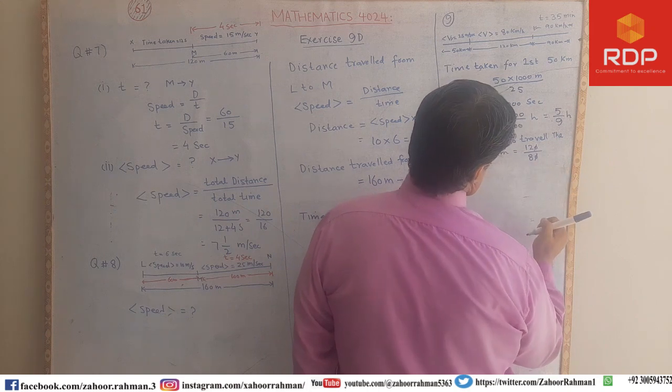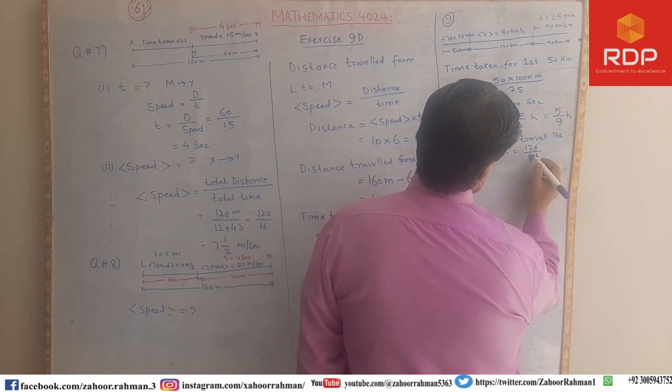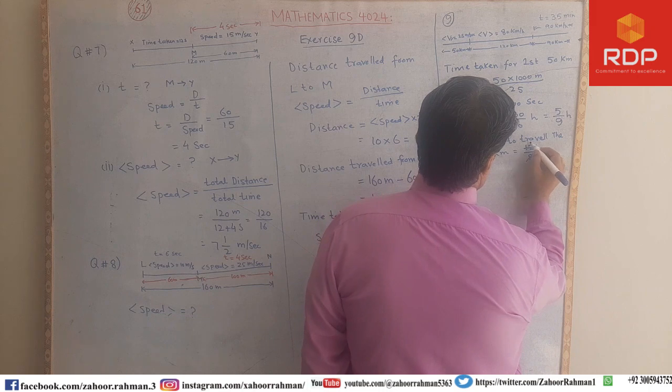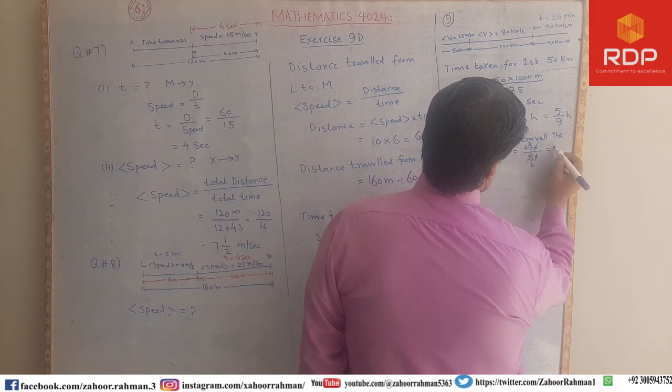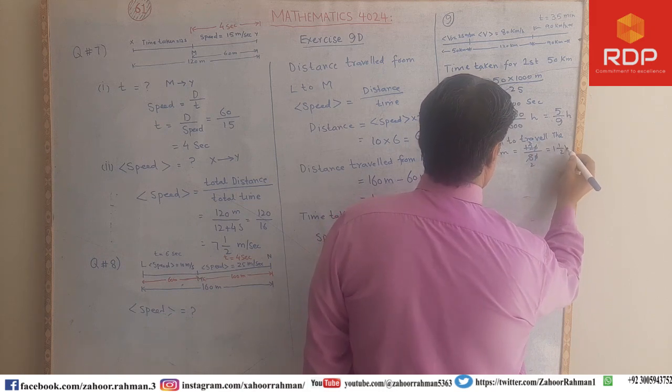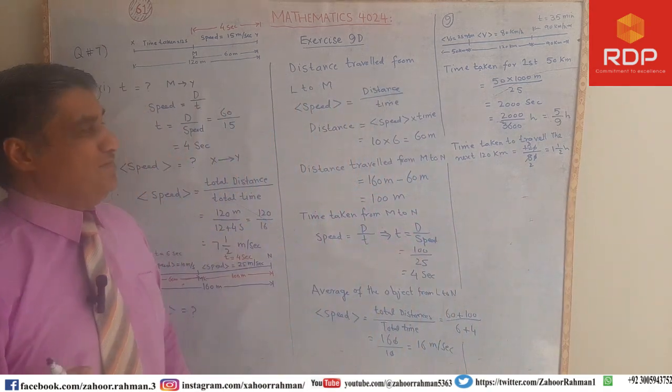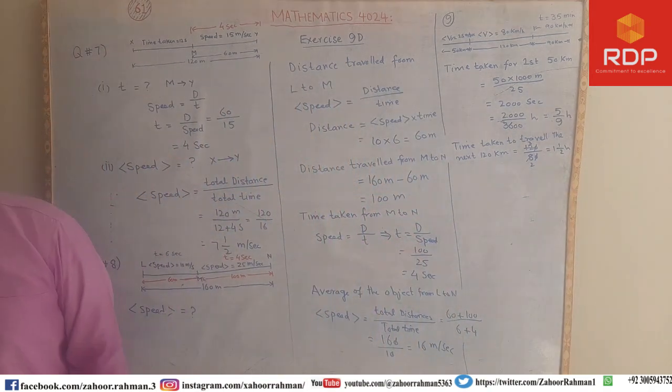So this will be cancelled, 2s are and 3s are, giving 1 whole 1 over 2 hours. This is already given in hours. We don't have to change it.